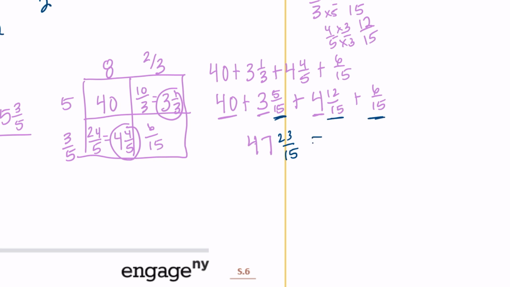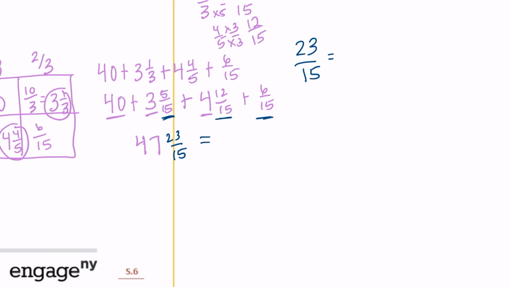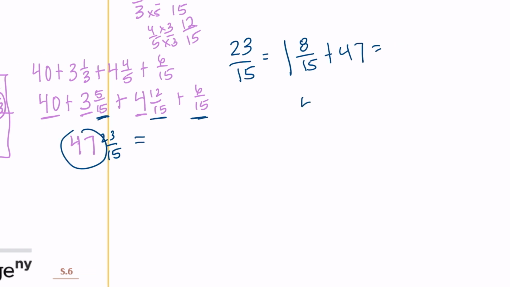But if I make 23/15 into a mixed number, it would be 1, and let's see, 23 minus 15 would be 8/15, plus the 47 would give us 48 8/15.